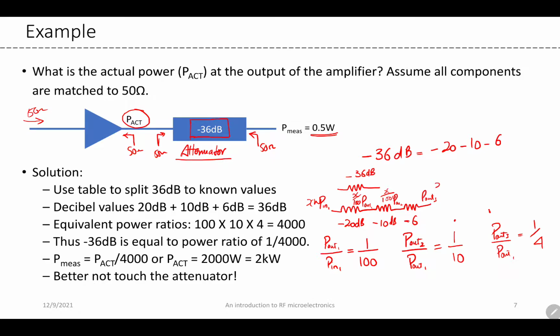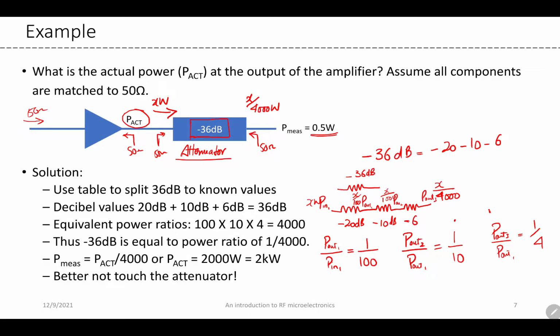So at the end we'll have X by 4000. So we have a loss of 4000. Anything which enters this side, for example, you supply X watts, the output would be X by 4000 watts.